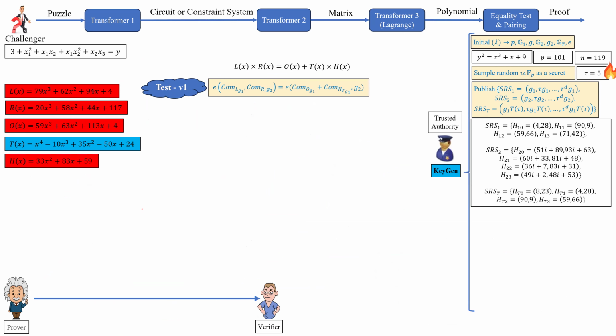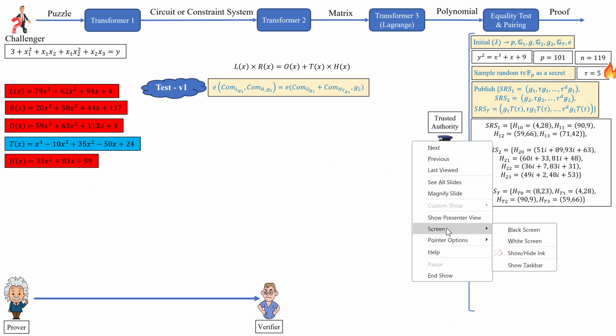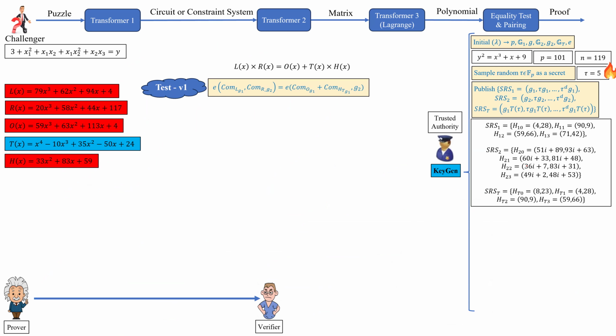Okay, so what is the general idea? The general idea is that we want to make the responsibility of the trusted authority in a way that the SRS values are given from the architecture of the circuit, right?